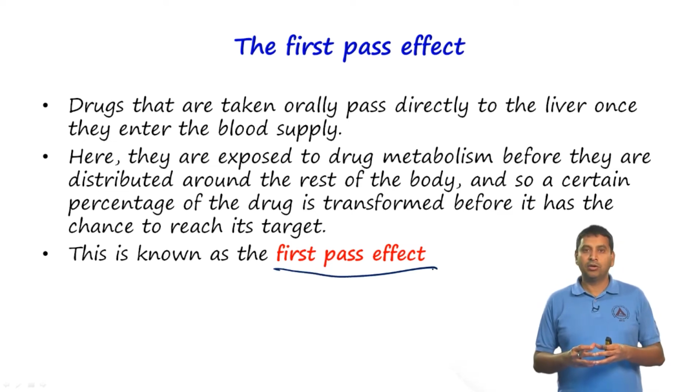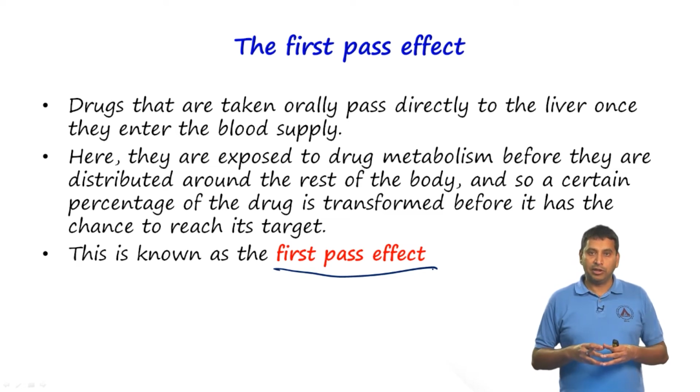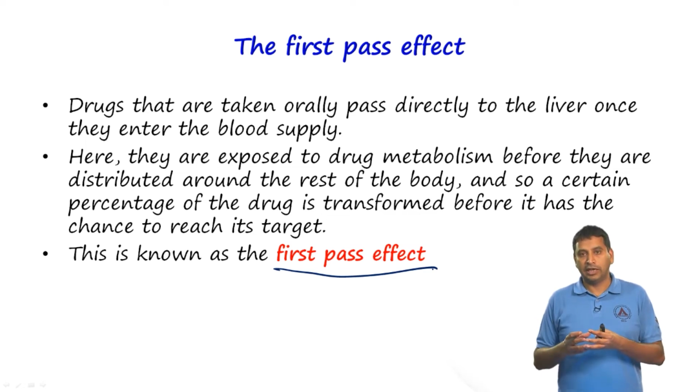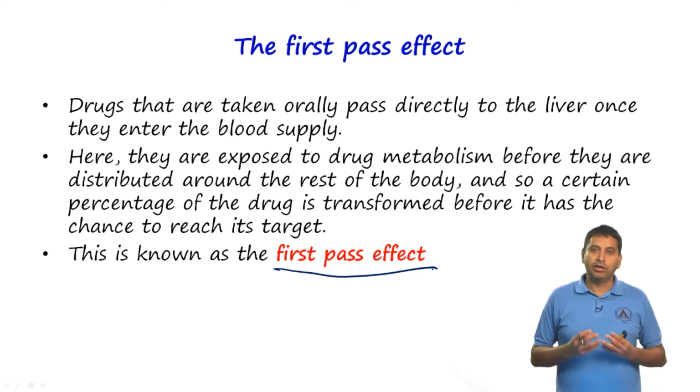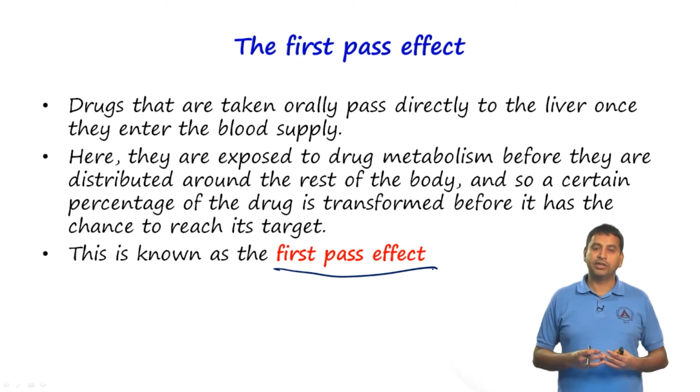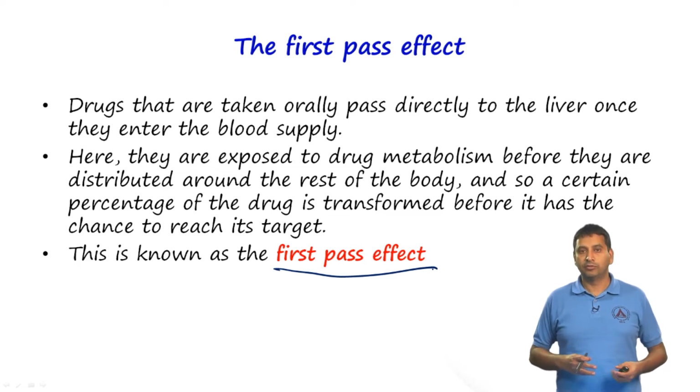Depending on how well the drug is metabolized, you will find that the drug remains to a large extent intact if it is able to survive the first pass effect. If the drug is significantly affected, that is if it is very much susceptible to degradation by liver enzymes, then it is going to be less effective after the onslaught of the first pass effect.